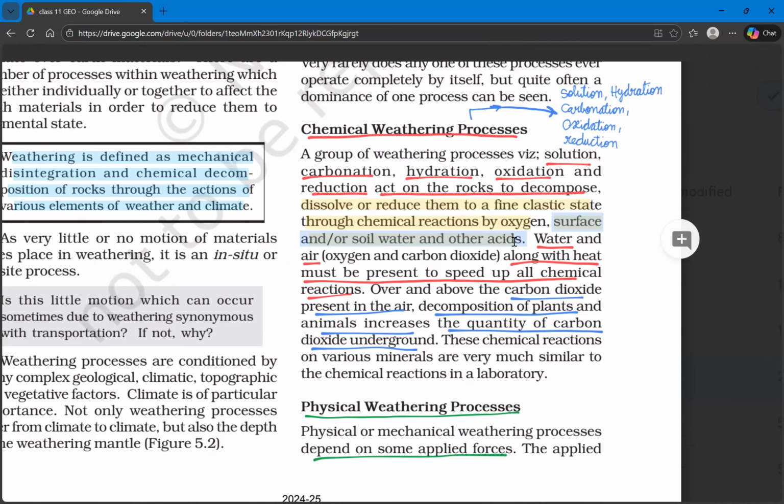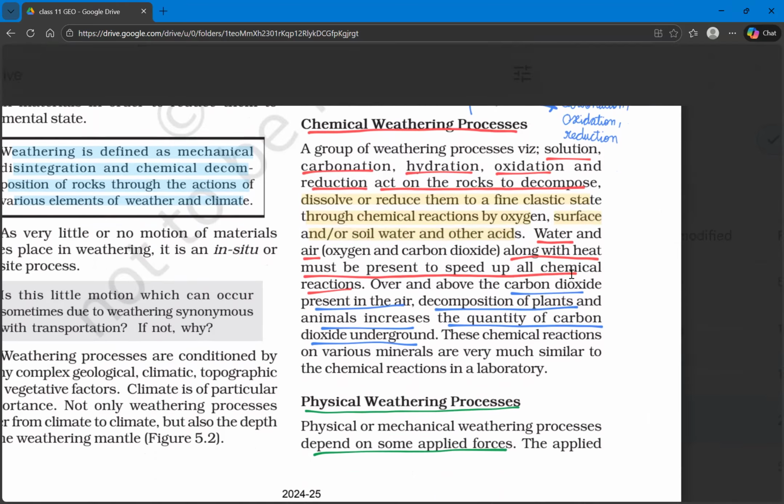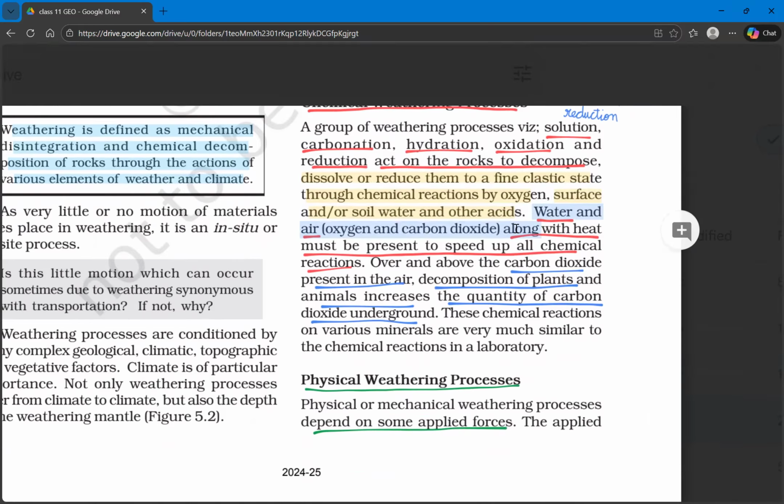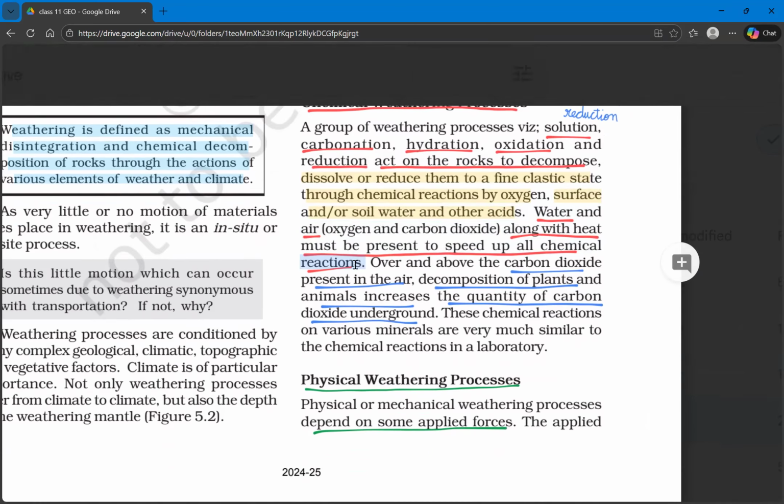So what are the things that are included in this? Oxygen, surface or soil water, and also acids. Water along with air. What constitutes air? Oxygen, carbon dioxide. Along with heat, they must be present to speed up all chemical reactions. So what are the mandatory things that should be present to speed up the chemical reaction? First is water, next air, and also heat.